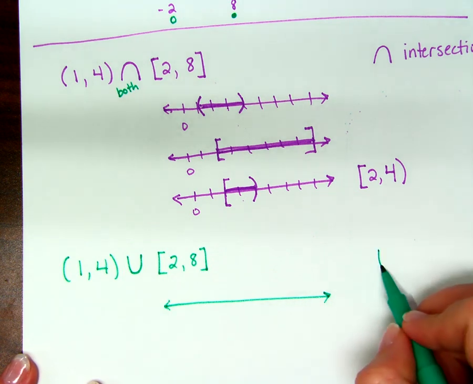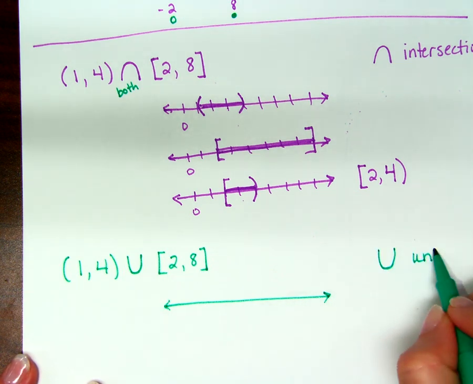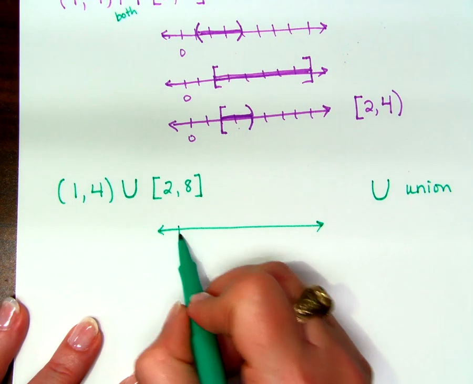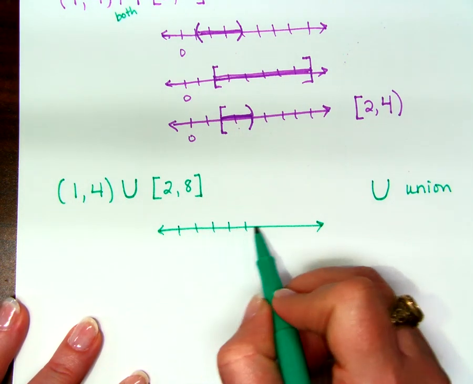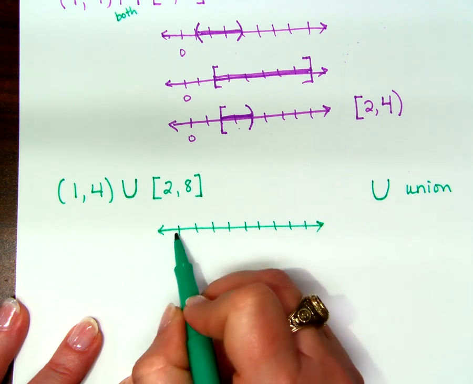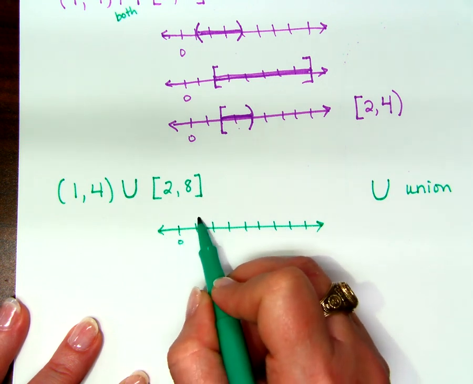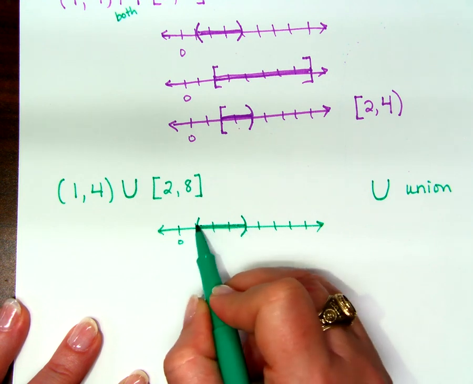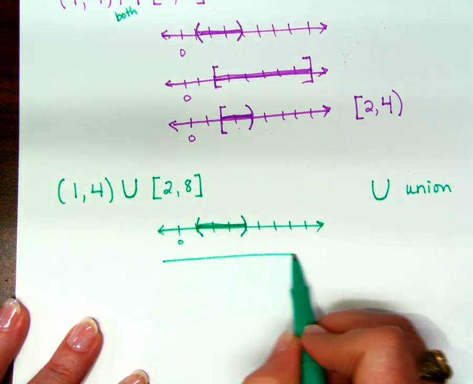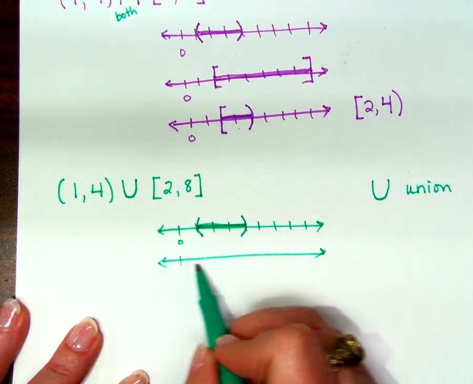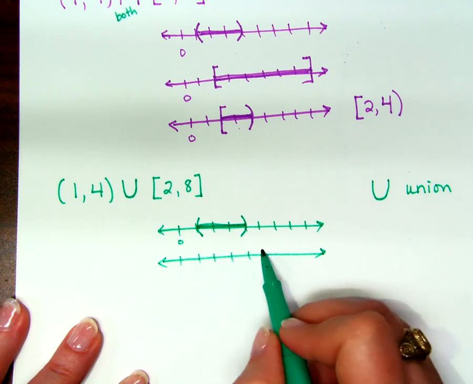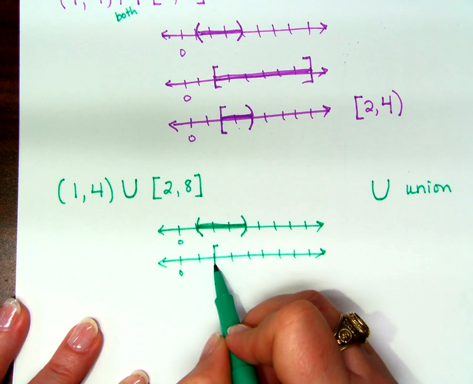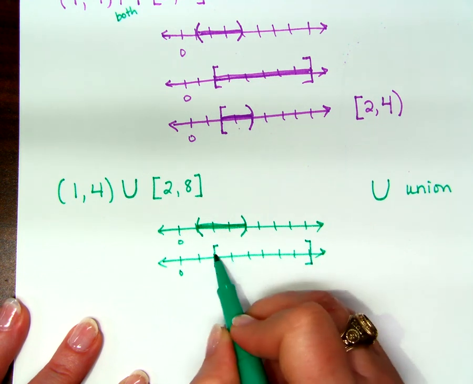So this one means union. 0, 1, 2, 3, 4, 5, 6, 7, 8. So 1, 2, 3, 4. Like that, right?